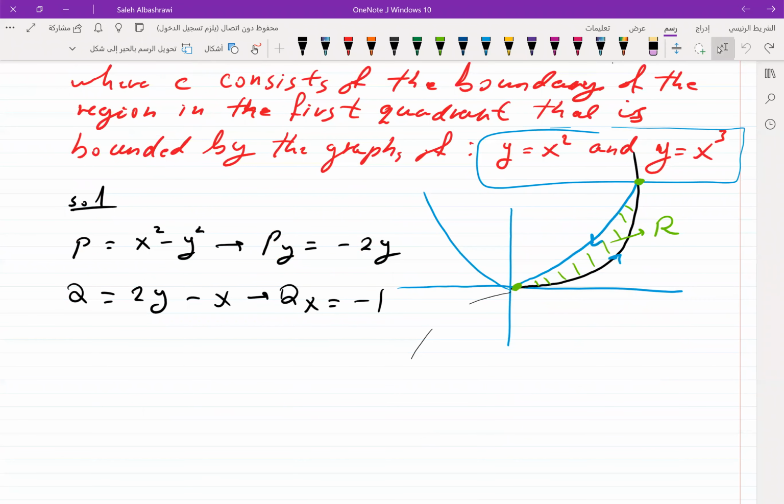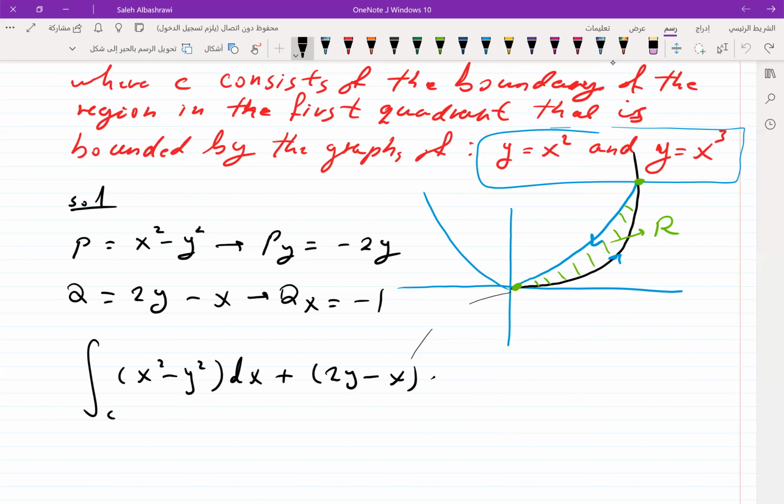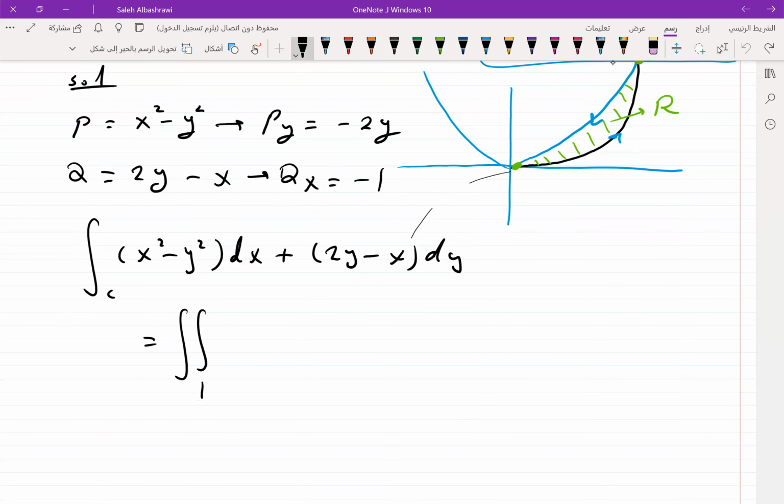So the line integral of x squared minus y squared dx plus 2y minus x dy is equal to the double integral over R of Q sub x, which is minus 1, minus P sub y, which is minus 2y, dA.